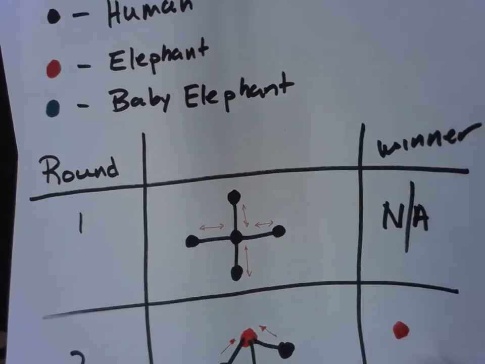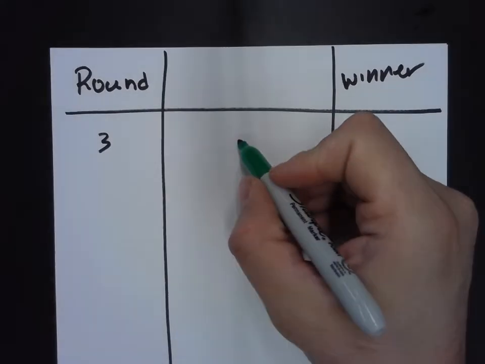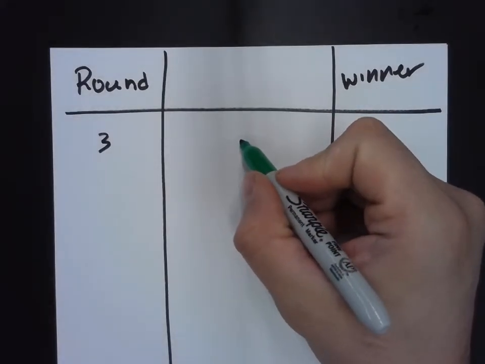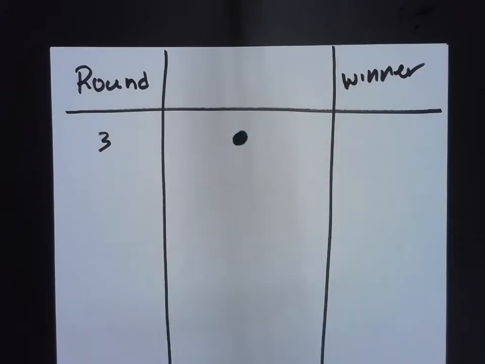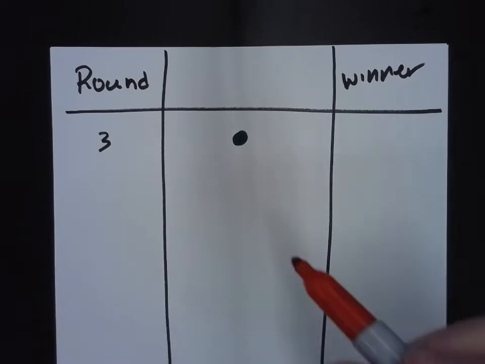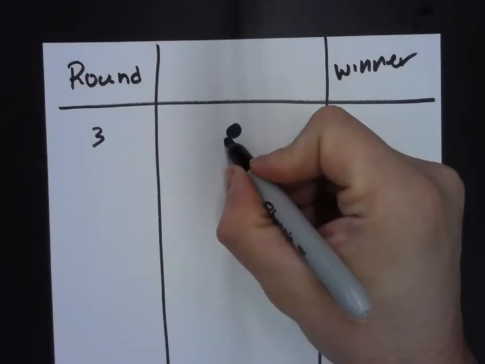Let's try another one. I'm going to get a clean sheet of paper. Hold on. Okay, in round 3, let's do a baby elephant, like that, versus 2 humans.